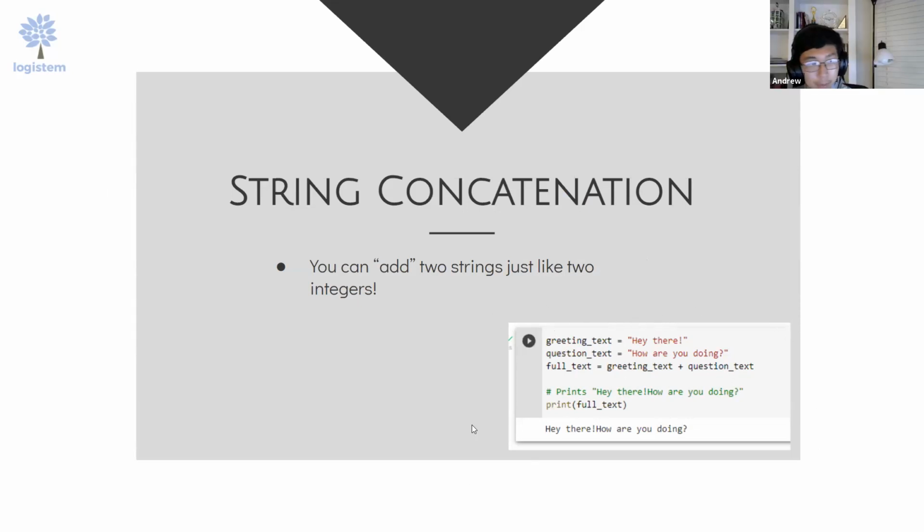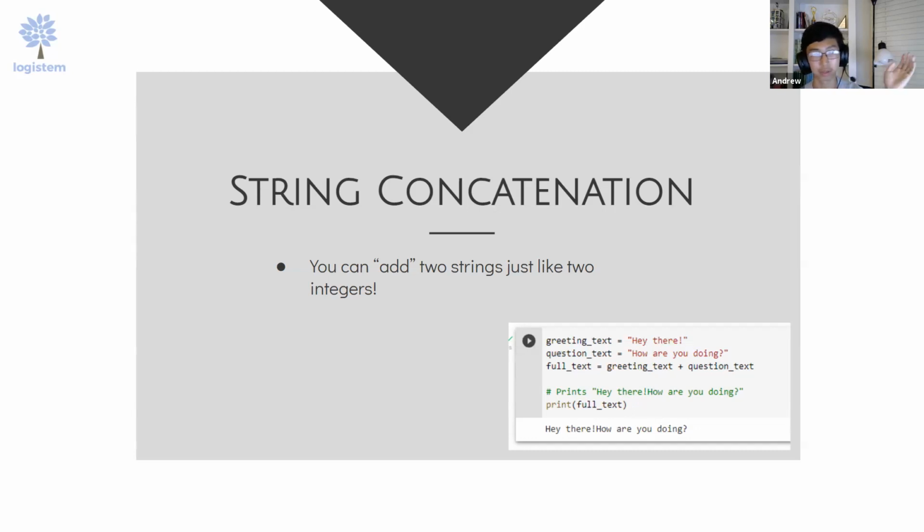In this code segment here, we have a variable greeting text and a variable question text. And the full text we assign to greeting text plus question text. So you can define a variable using other variables as well. If we print full text, it'll print, hey there, how are you doing? When you're concatenating strings, you just smush them together.